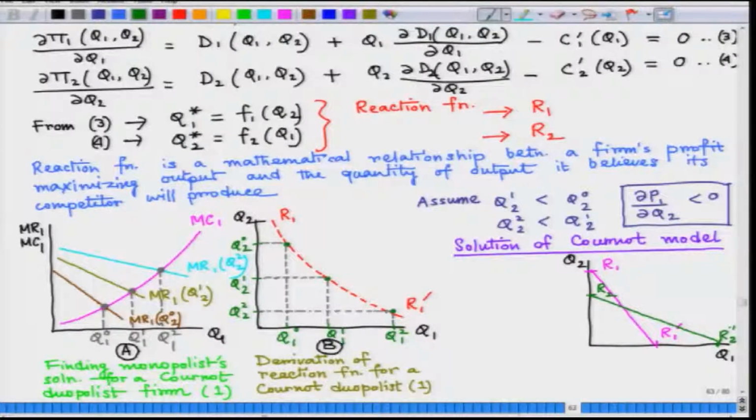Okay. So, now how to find the Cournot duopoly model solution? I claim that at the intersection point of these two reaction functions, these firms will find their profit to be maximized.